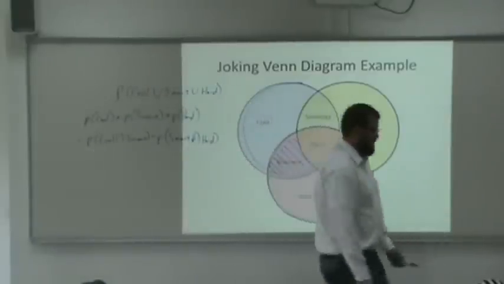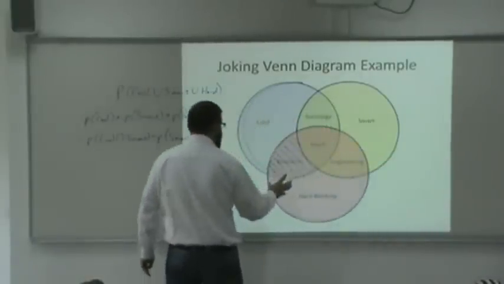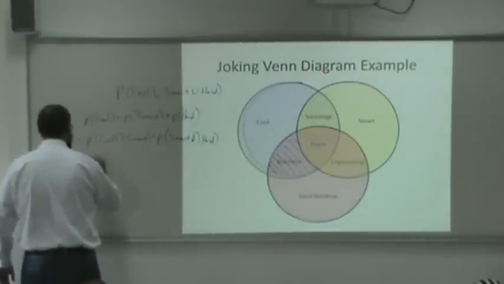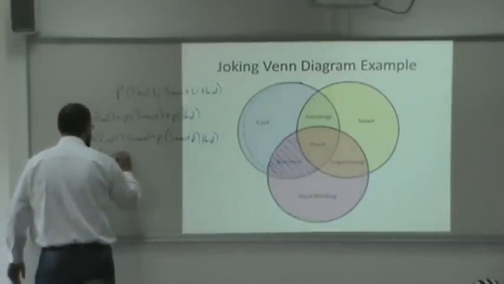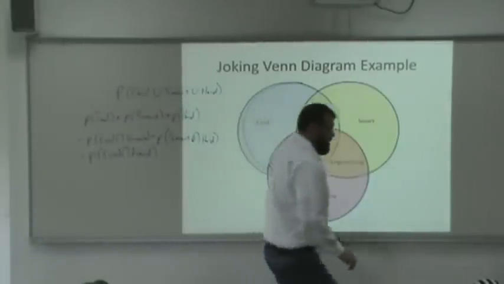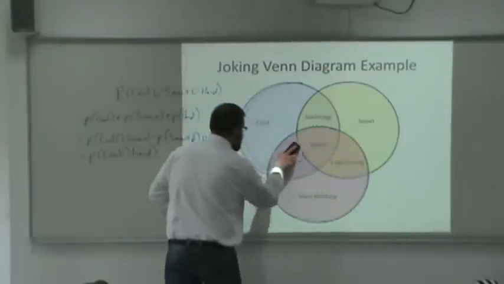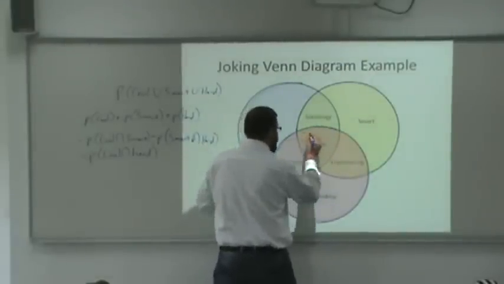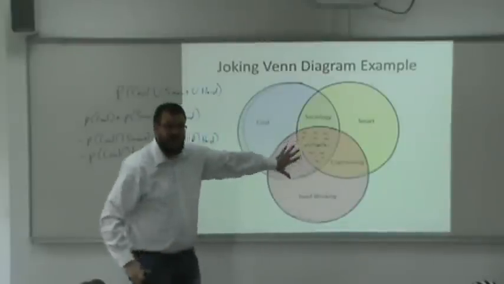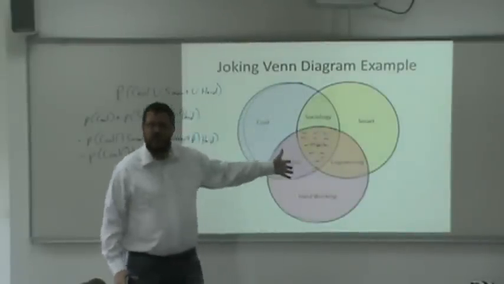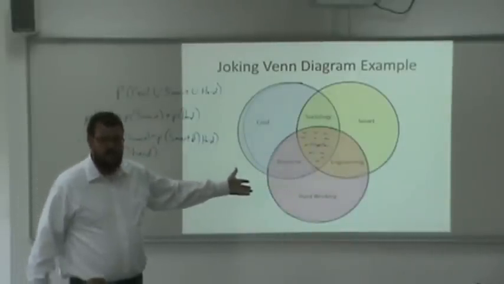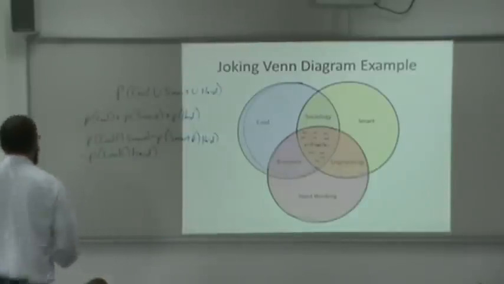If, however, you said something like, let's subtract out the intersection of cool and hardworking, minus P cool hard, well, that gets rid of this, but now we're negative this part. We took it away anyway. So what do we need to do? We need to add it back in. How many times? Just once.